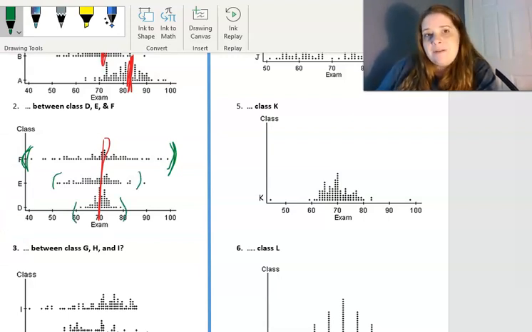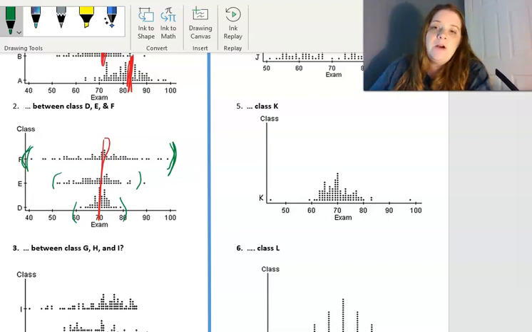The ones at the bottom, class D, are more alike to each other than F is. F has a lot of variety in the answers. There are a lot of different values here, all the way from 40 up to 100.